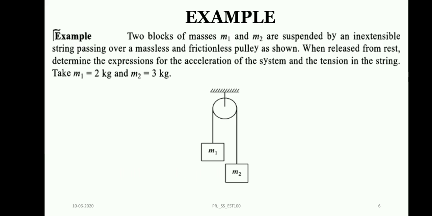So in the question, the string is inextensible, which means the acceleration is the same for M1 and M2, taken as a. The string passes over a massless and frictionless pulley, which means the moment of inertia is 0. Then the tension on both sides of the string is the same, taken as T.